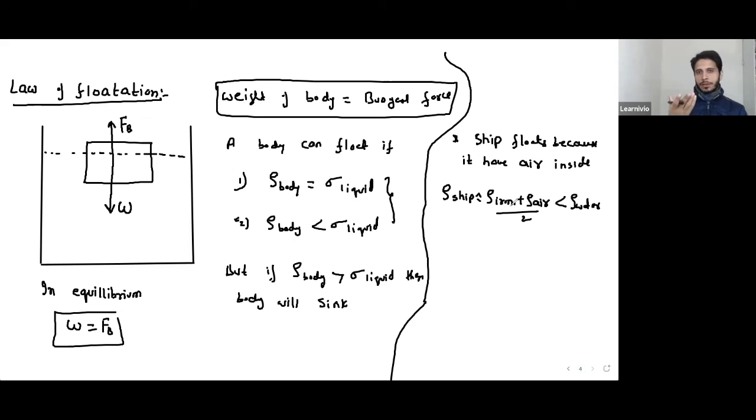But if you take solid iron of the shape and size of the ship, then it will definitely sink. It floats just because the effective density of the ship, the density of iron plus density of air divided by 2, is less than the density of water. So this condition gets satisfied and the ship floats.